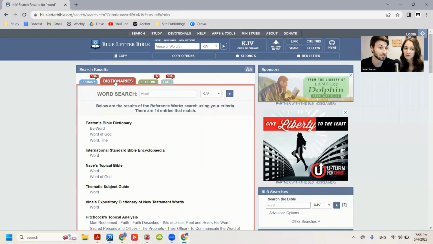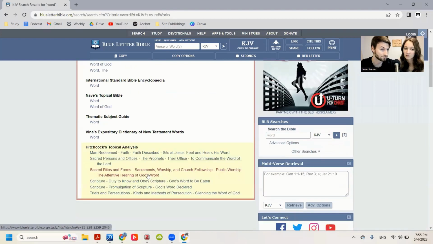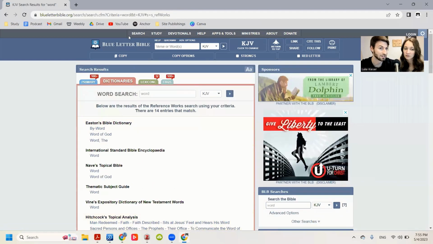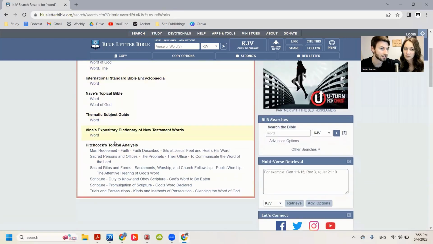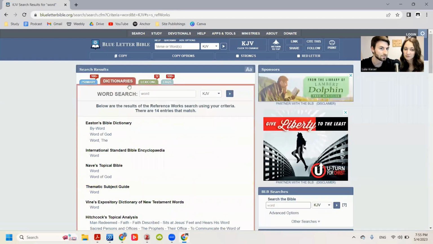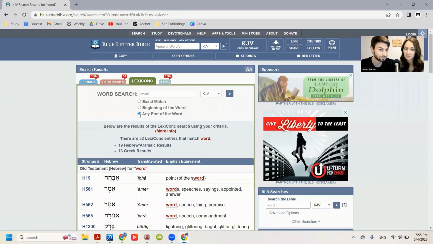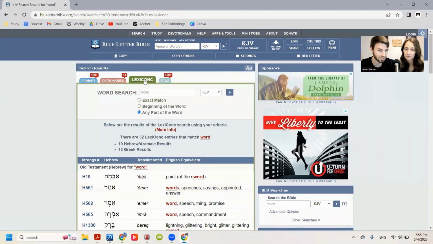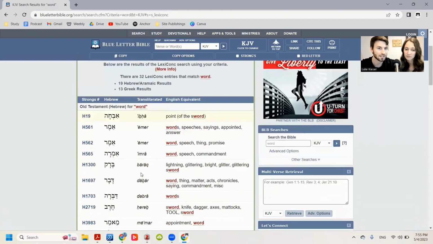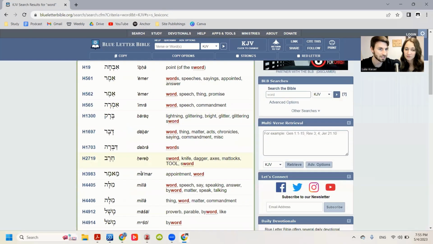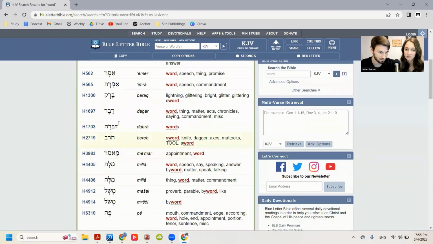But the next tab gives you dictionaries that have word. It's a little quicker than what I did, going through the study and clicking the dictionaries. This just puts them all there for you. Here, this lexicon tab gives you all of the Hebrew and Greek variations of words that have, oh my word, like sword, it says that has the word word.